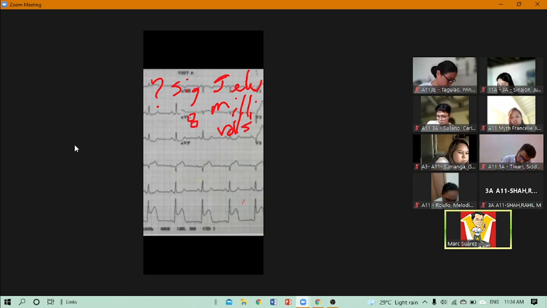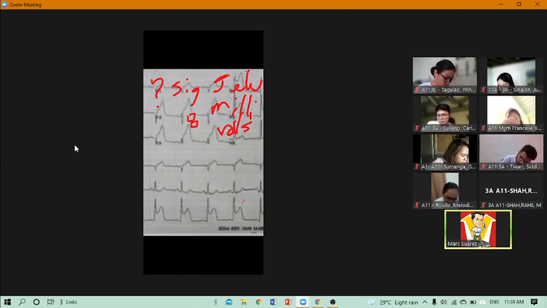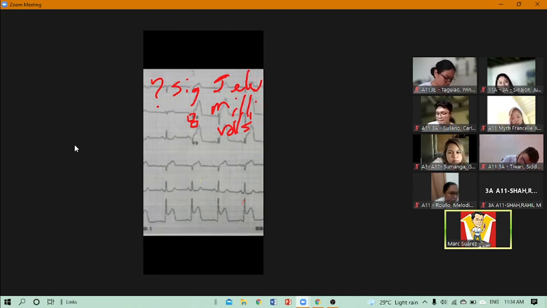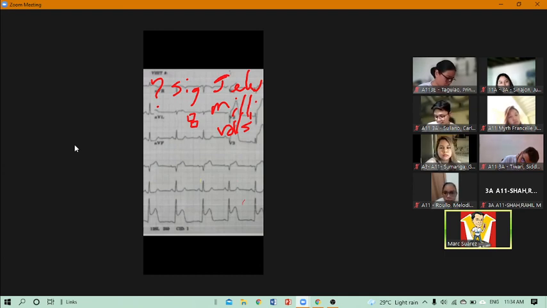However, when it comes to this particular tracing, like what we see in V6, it is equivocal. We cannot decide, right? So we must be armed with information.